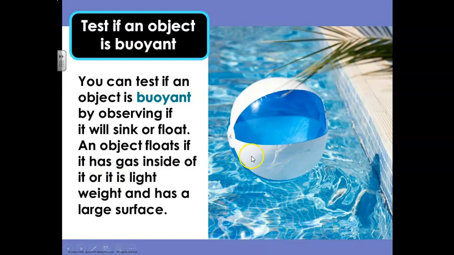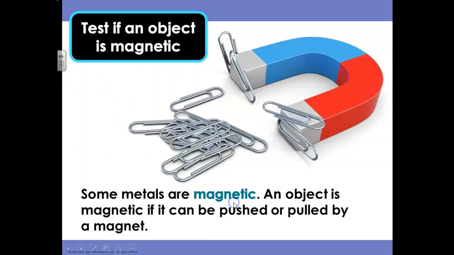That's right, it will float. What if you throw a brick inside of there? It would sink, that's right, because it is heavy and not filled with air or gas. All right, so it would not be considered buoyant.